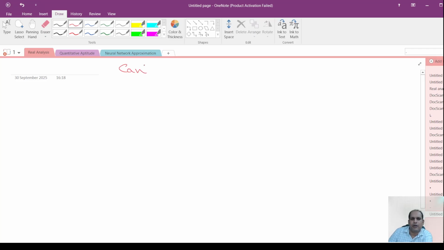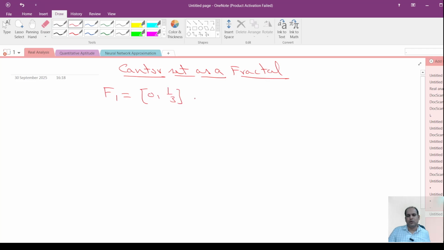Now the last point, Cantor set as a fractal. Recall F1. What is F1? F1 is basically [0, 1/3] union [2/3, 1].